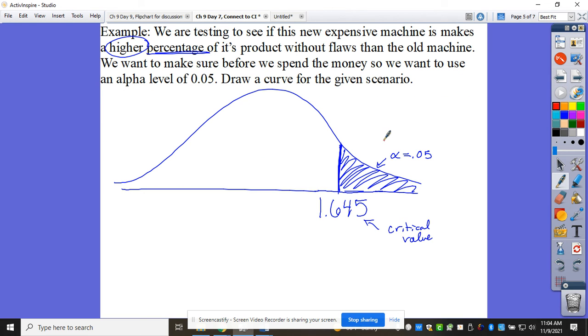So this falls here. And we said this shaded part is called the what? Rejection region. So it falls within the rejection region, which means we are going to reject.